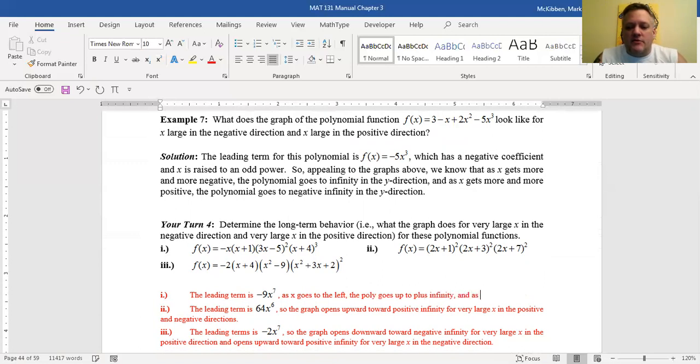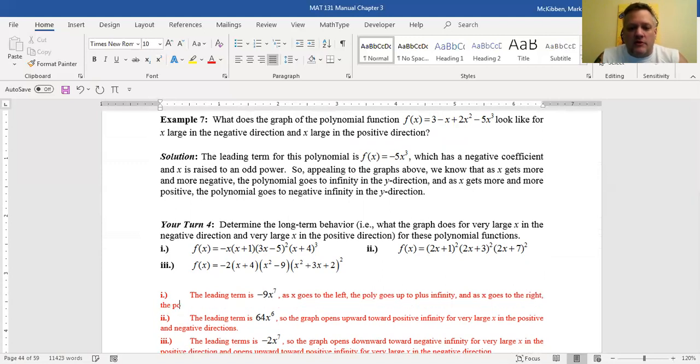And as x goes to the right, the polynomial's graph goes down to minus infinity. Right, the graph in the tail behaves just like the graph of that guy does.